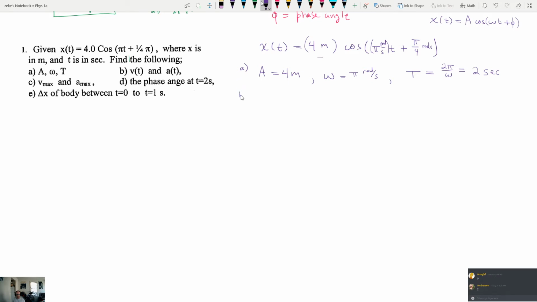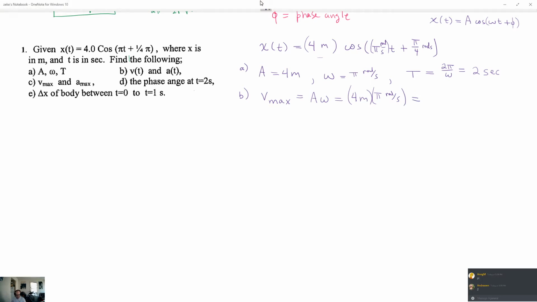All right, part B. We want to calculate Vmax and Amax. From above, we said that the maximum velocity is given by taking the size of the amplitude and multiplying by the angular speed. So that's going to be 4 meters multiplied by pi radians per second. So we're going to get something like 12 meters per second. Let's see what we actually get.